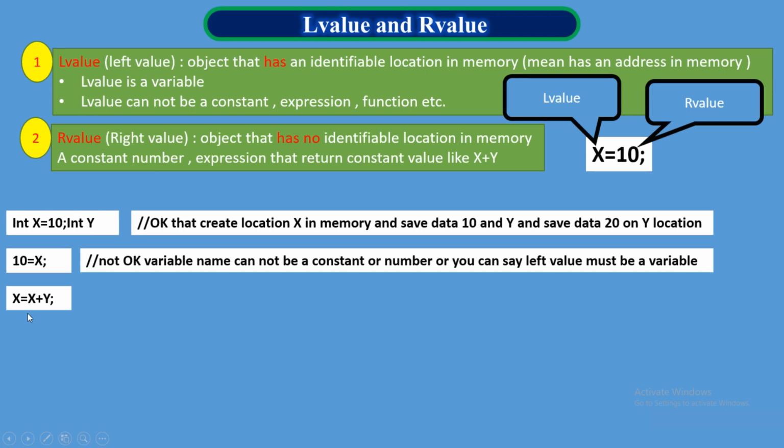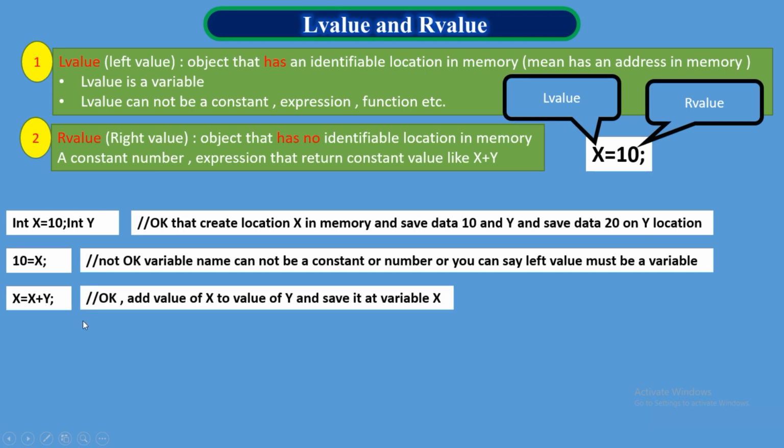Next we have x is equal to x plus y. It's okay. It means add x and y and save the result in the x variable in memory. In the next step, if we write x plus y is equal to x, it is wrong.